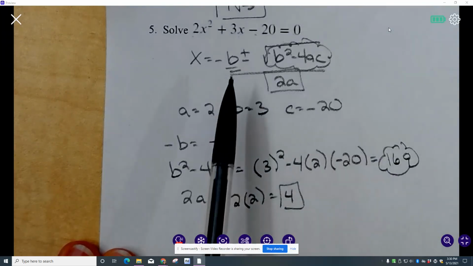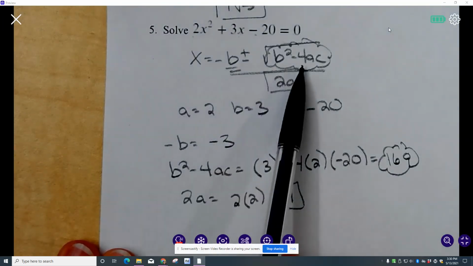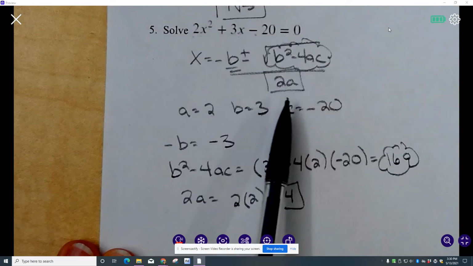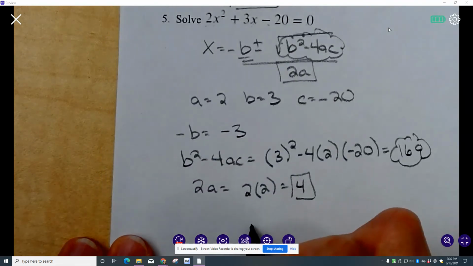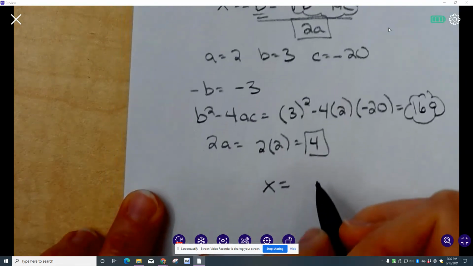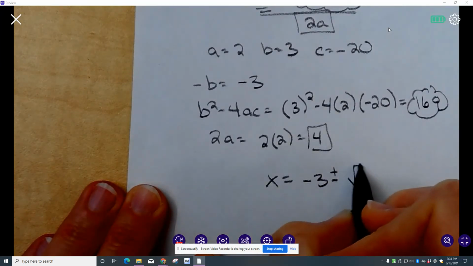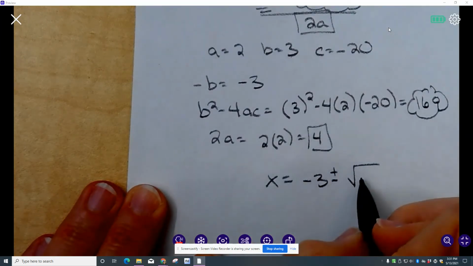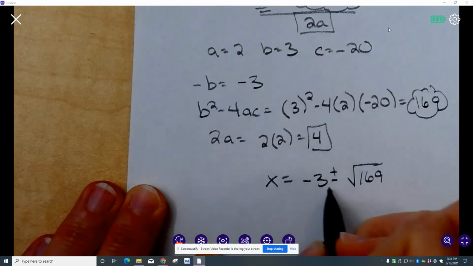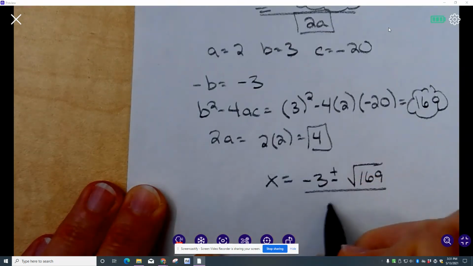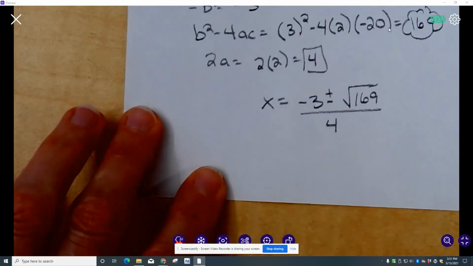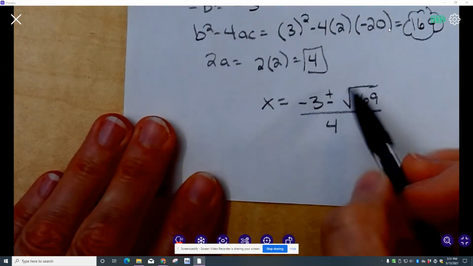Okay, now let's substitute. Negative 3 in here, 169 in here, and 4 in here. So what I have is x equals negative b plus or minus square root of b squared minus 4ac is 169. All over 2a is 4. Simplify your square root first.